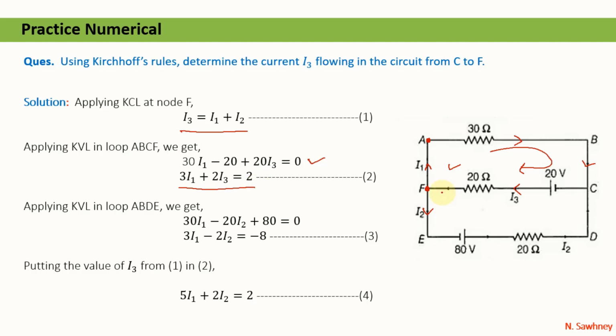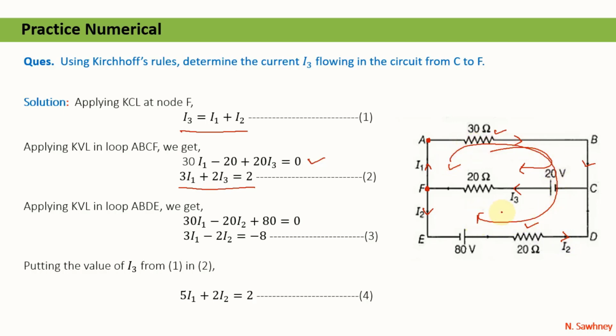Now applying KVL in the loop A, B, D, E, that means the entire bigger loop. So again we have to travel in one direction. So let us again start from A. So it will be 30 times I1 moving in this way. The direction of I2 is here like this, coming back to D. Now see, when we reach the 20 ohm resistor, the direction of current I2 is opposite to the direction of our travel, because we are traveling like this.